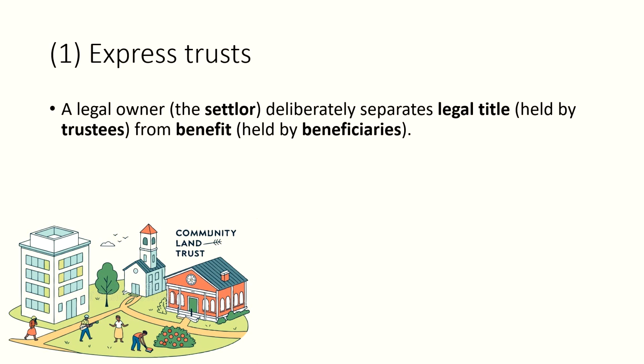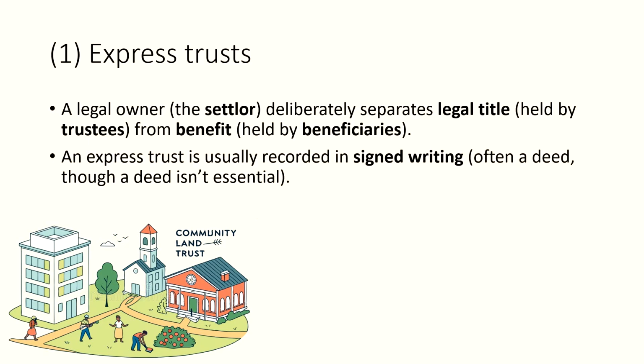But I can't really at the moment give that to this specific person, the beneficiary, who will in the end benefit from those legal rights, but I have to take an intermediate step and give it to a trustee to hold for the time being. That all sounds really complicated, so let's just have a look at an example.